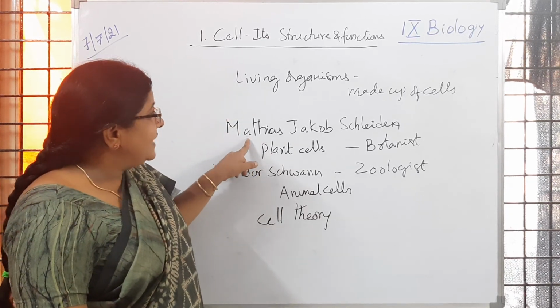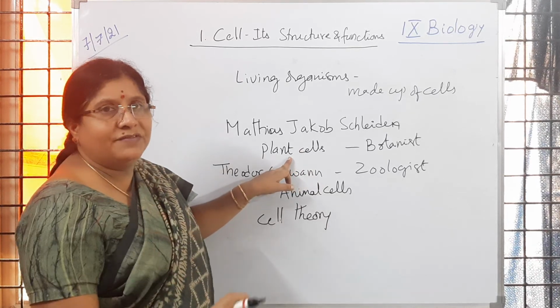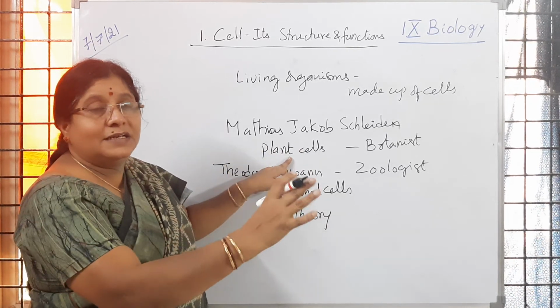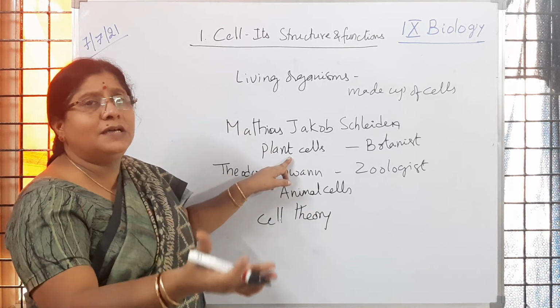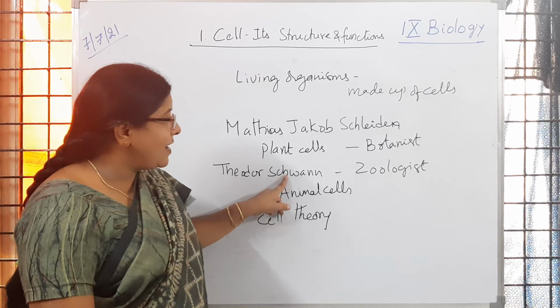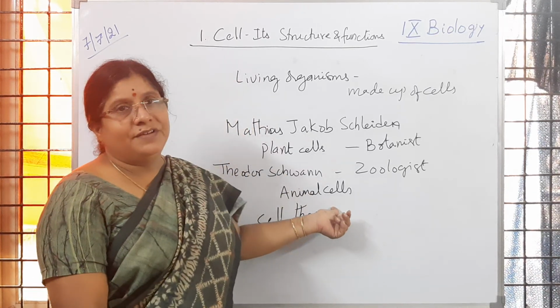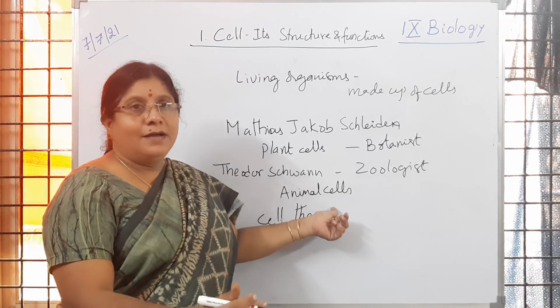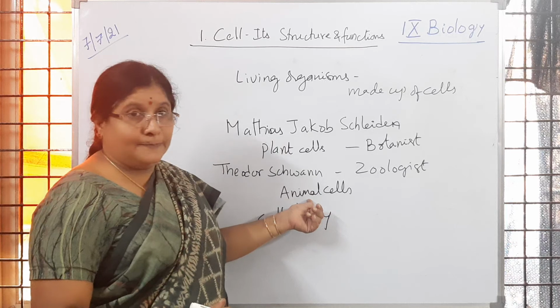So now Matthias Jakob Schleiden observed plant cells and he gave his observations. So plant cell is having cell wall, plastids, and main parts along with other parts. Then Theodor Schwann, he observed animal cells and he also gave his observations. Okay. Some parts which are seen in plant cell are not seen here.